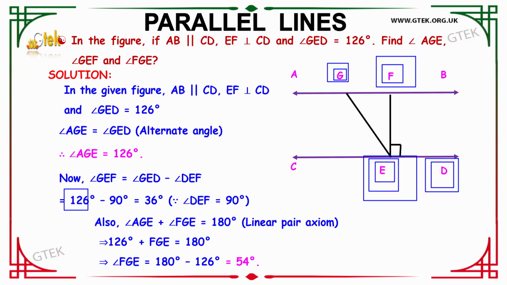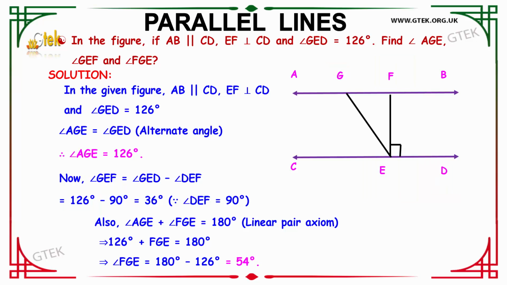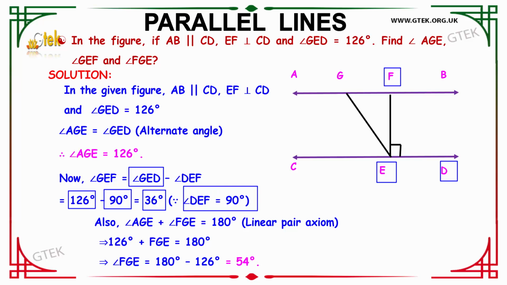Since we know GED is 126 degrees, we can substitute 126 degrees. And DEF is 90 degrees since it is a right angle. So if we subtract, we will get 36 degrees. Therefore, angle DEF equals 90 degrees.